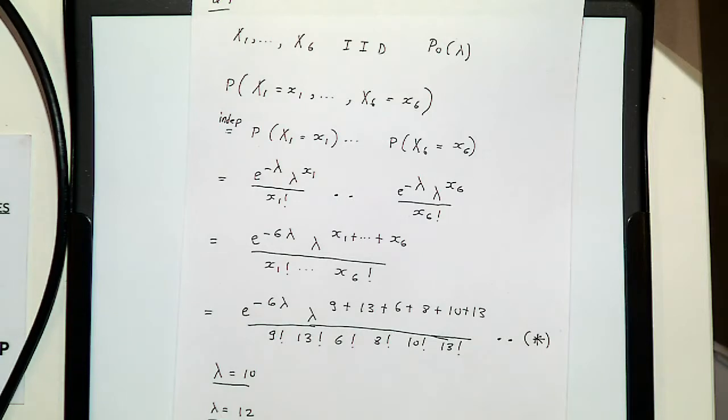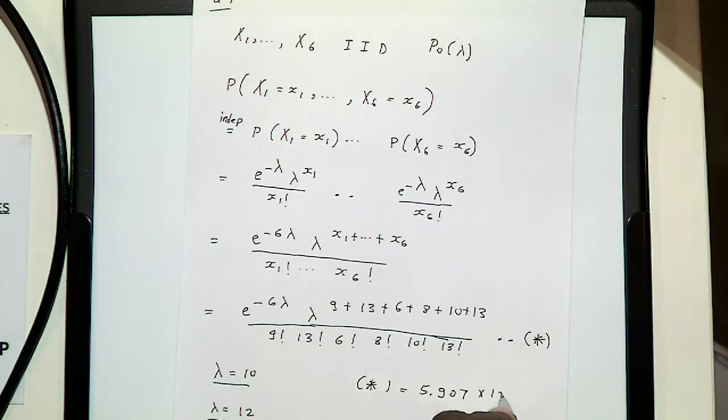So if you put lambda equal to 10 into star, you will get star equal to approximately 5.907 times 10 to the power minus 7. It's okay to give up to 3 decimal places, so I don't expect you to give more than 3 decimal places.